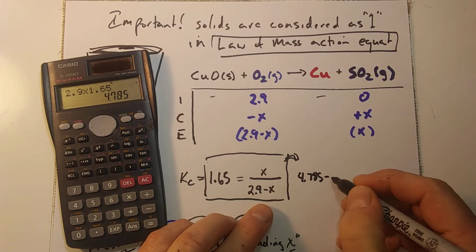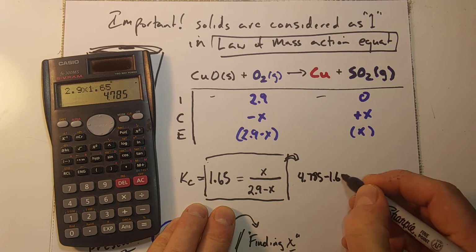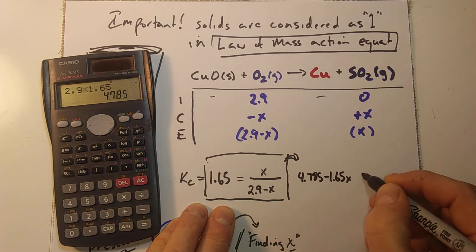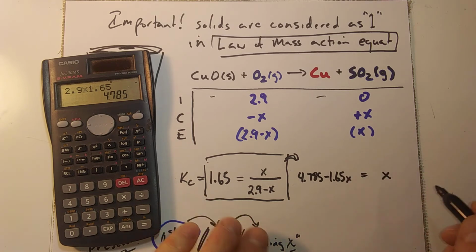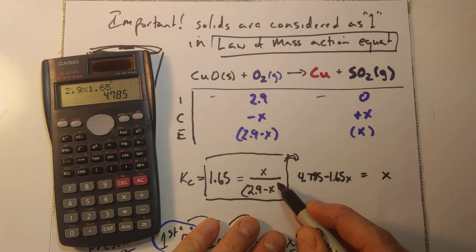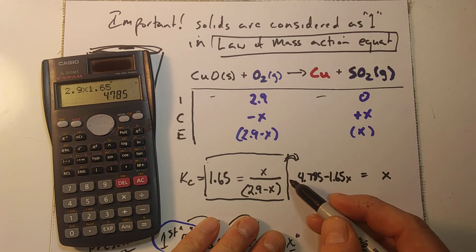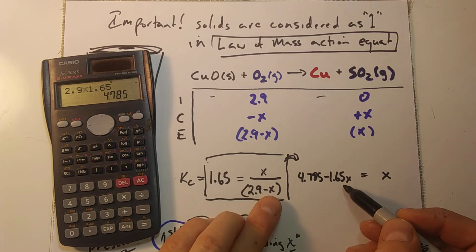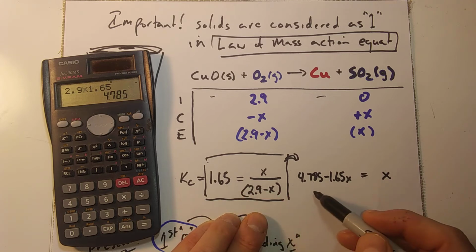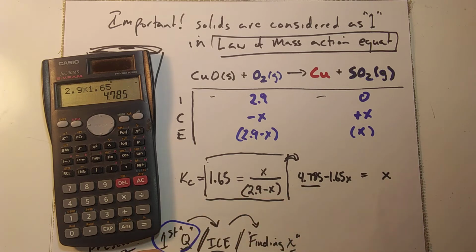And we would have, of course, minus 1.65x is equal to x. Because I took this and multiplied both sides by it, of course it cancels on this side, but I get 1.65 times minus x is minus 1.65x, and then this times the 1.65, I get 4.785.